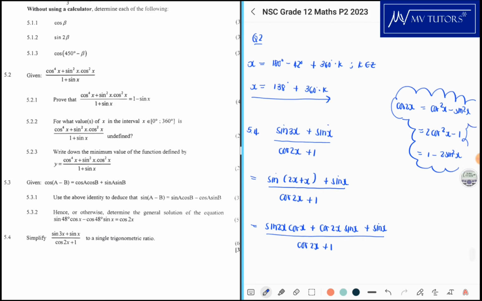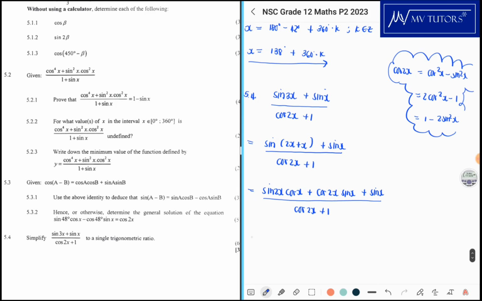So at the top I have sine 2x. It's easy at least with sine 2x. I only have 1 option for it. So that's going to be 2 sine x cos x times the cos x. And what can I do with this cos 2x? Let me actually use this identity with the 2 cos squared x minus 1, plus 2 cos squared x minus 1.